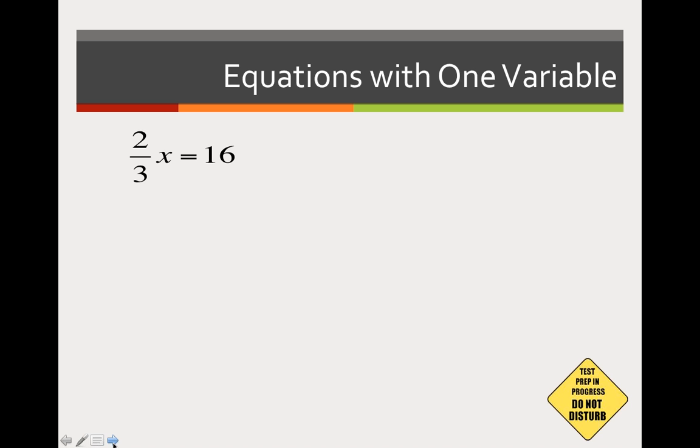We could multiply both sides by the reciprocal of 2/3, which is 3/2, which is what we end up doing. Then we cross cancel our way through the problem. We can see the 3's cancel out, the 2's cancel out. We cancel here and we're left with 8. And the final answer is x is equal to 24.